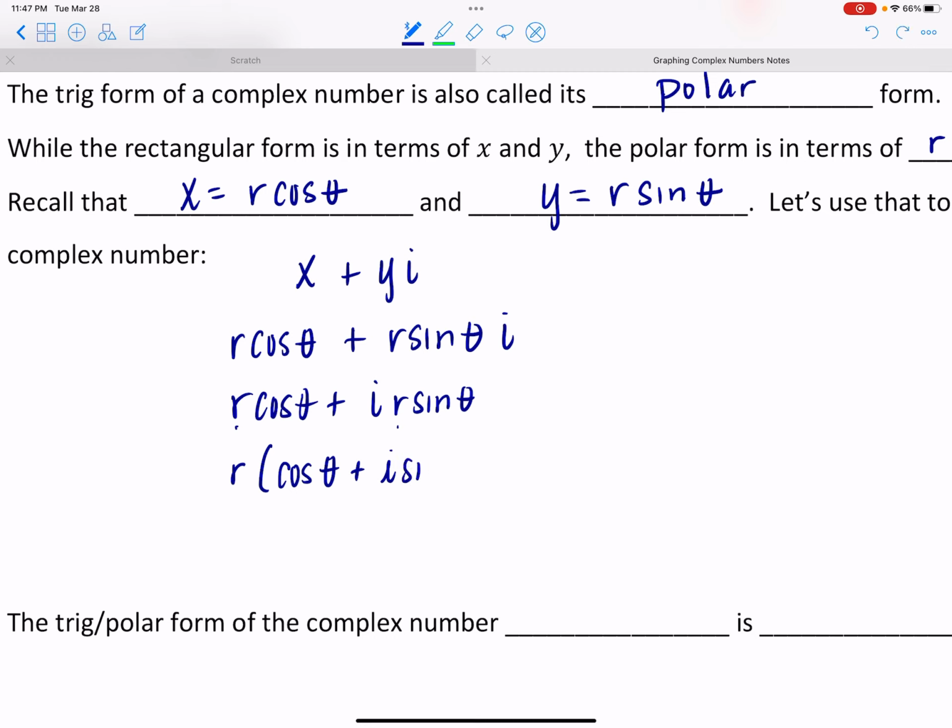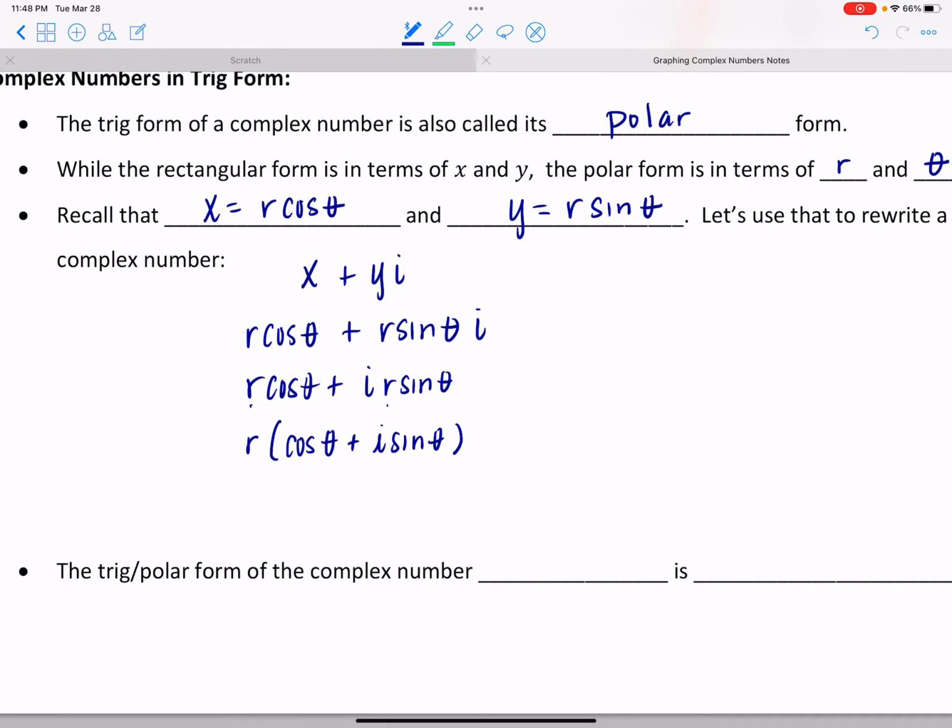Pen froze. There we go. Sine of theta, and that is, again, in terms of r and theta, but we still have the imaginary in there. This is what we call the polar or trig form of our complex number.